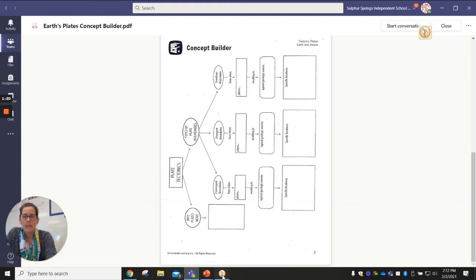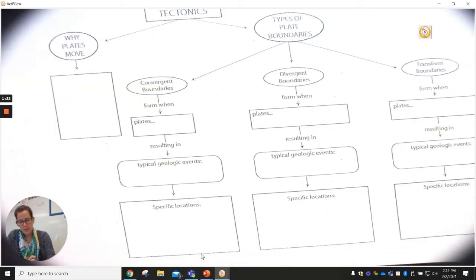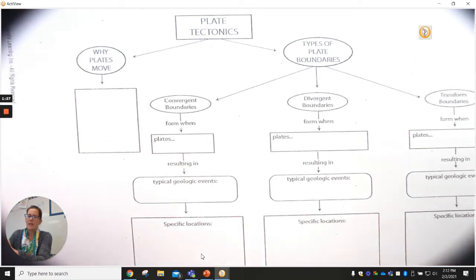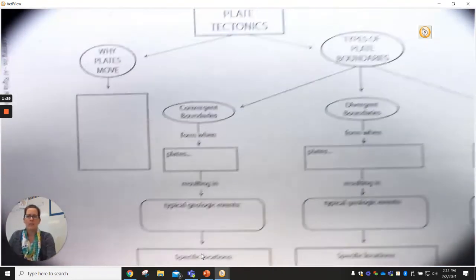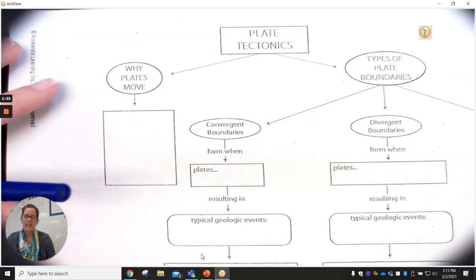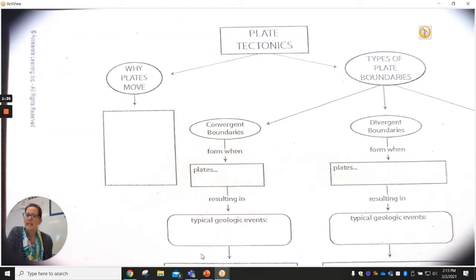So I'm going to go over here to the notes page, and we're going to start talking about plate tectonics. So I'm going to kind of zoom in so we can see everything that's going on here, okay? So why do they think the plates move? Do y'all remember seeing in the videos or me talking, maybe even in Earth's layers, we talked about why the plates move? Well, they move because of those convection currents in Earth's mantle.